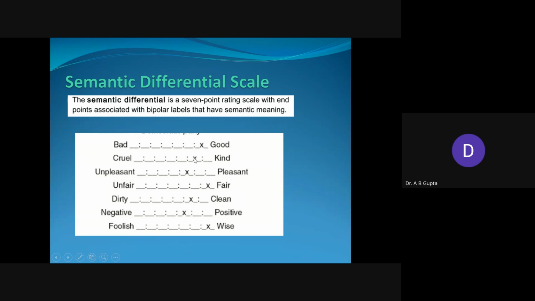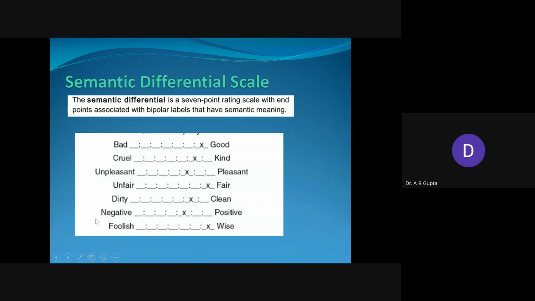Then another criterion is whether the person is cruel or kind. The feedback being given is here. So the person is kind, a slightly pleasant person, quite fair, clean, positive, and very wise. From this, again, you can combine these things and find out the overall personality of a person.